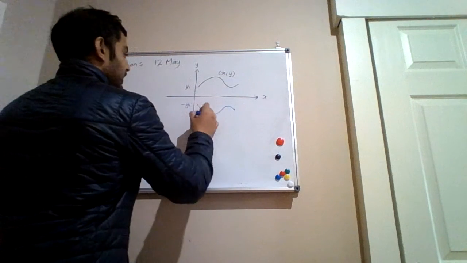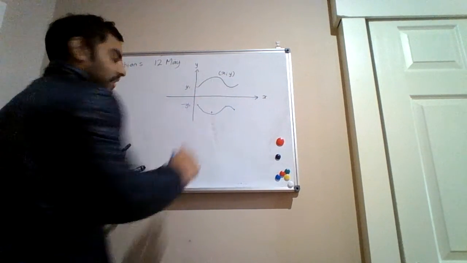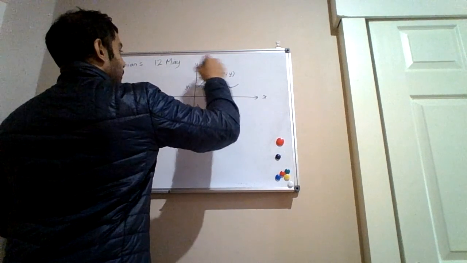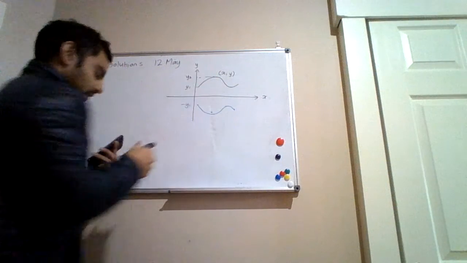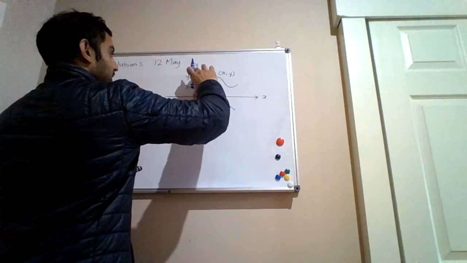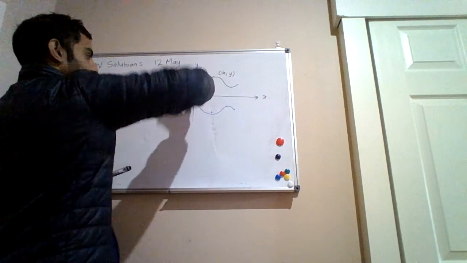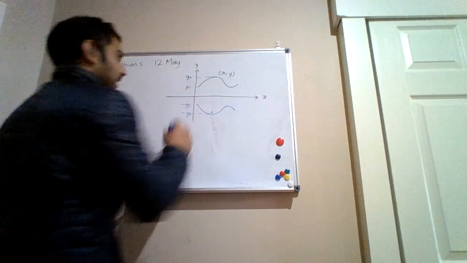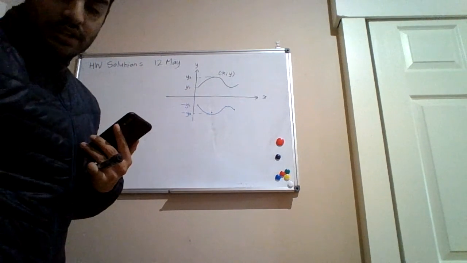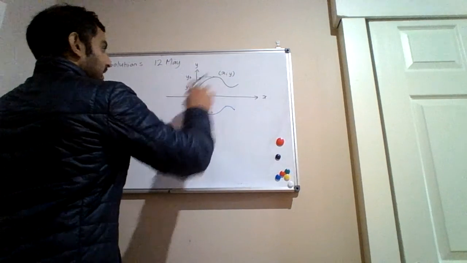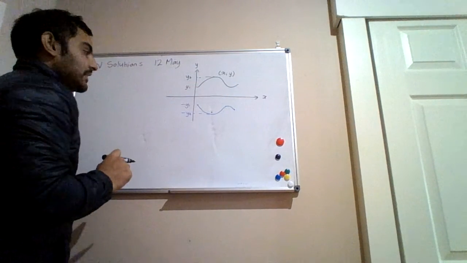And the same story for all the other points. So if this is y2, the reflection will be minus y2. So operationally, we make the y values negative.